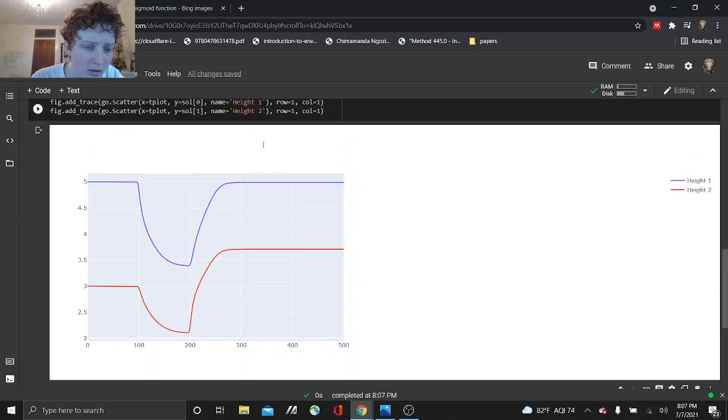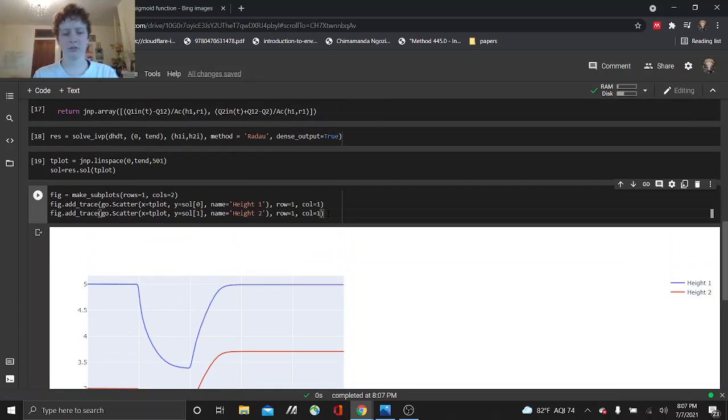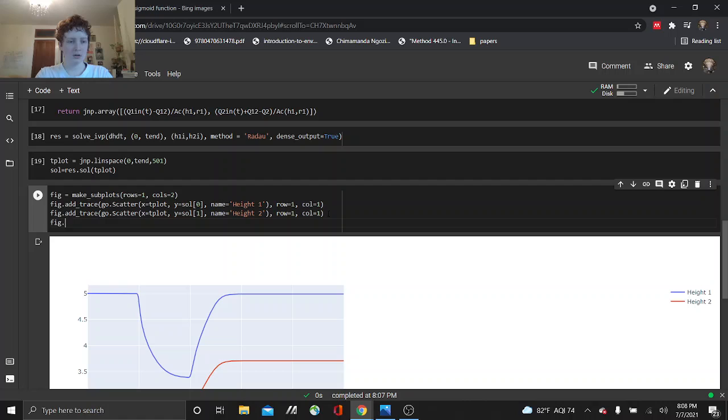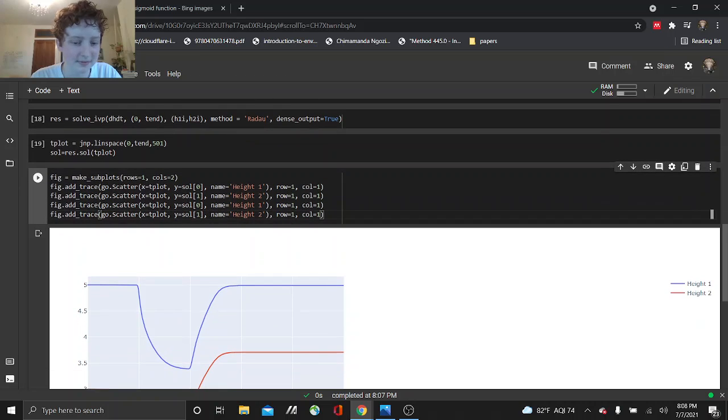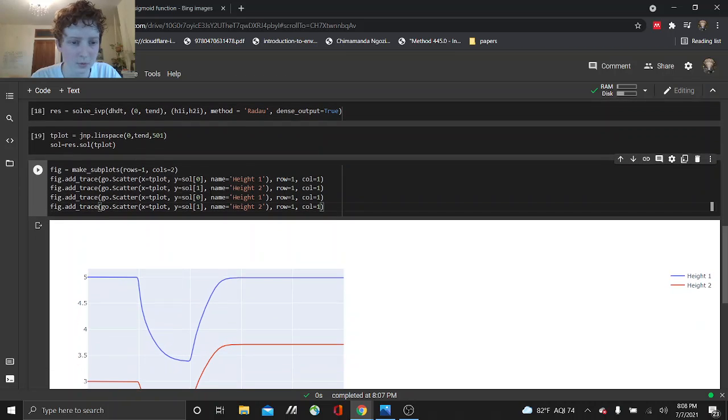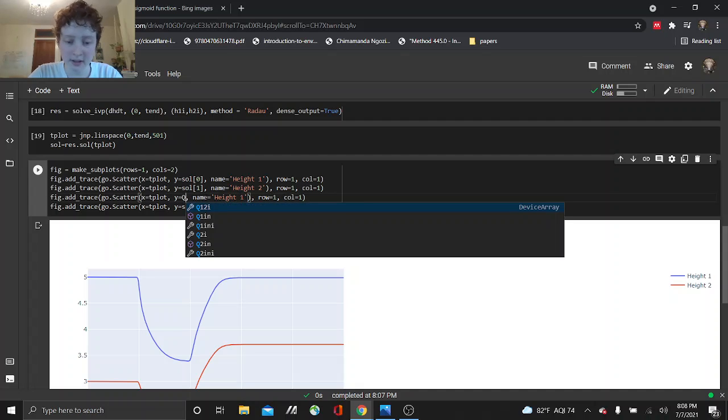Well, actually, let's just do it this way. Don't need to type more than I already have. We're going to say that our y values this time, we're going to graph the flow rate. I'm not sure, I think it looks kind of funky.